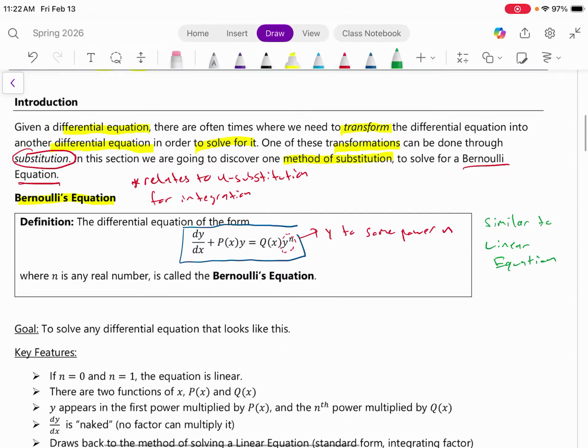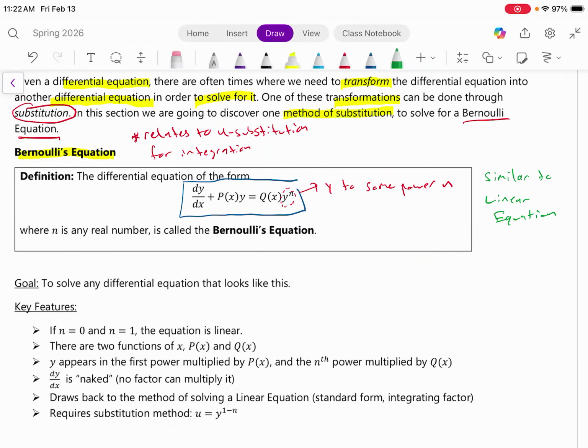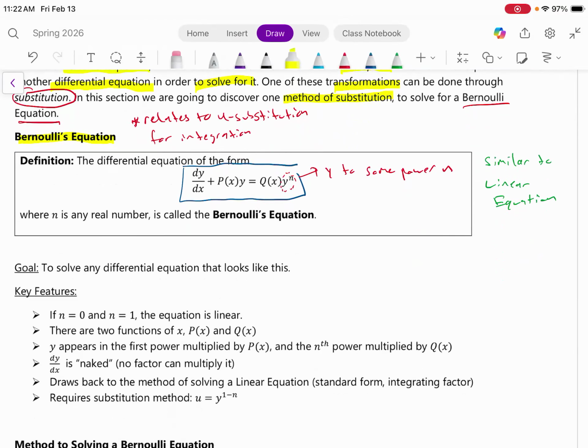But let's go ahead and identify some key features so that we can distinguish between linear and Bernoulli and even separable. Okay, so let's see. If the power n is 0 or the power n is 1, then that equation is linear. Okay.